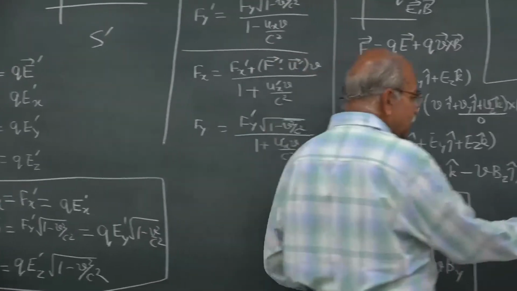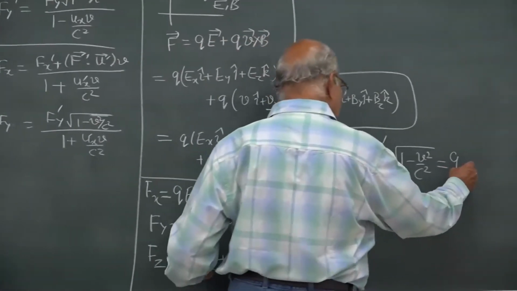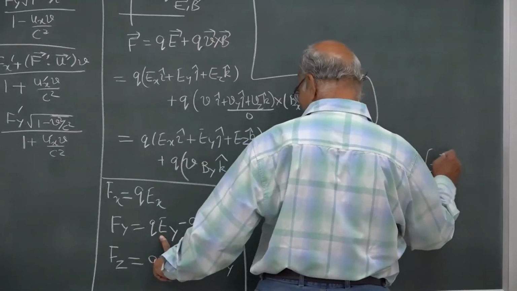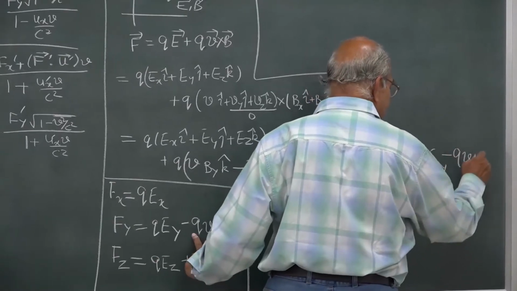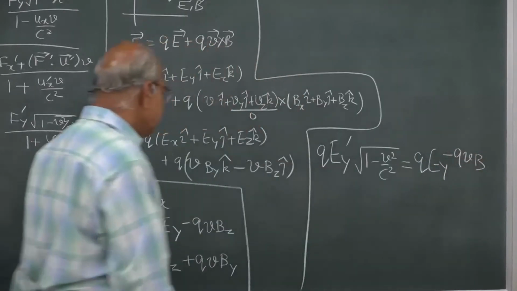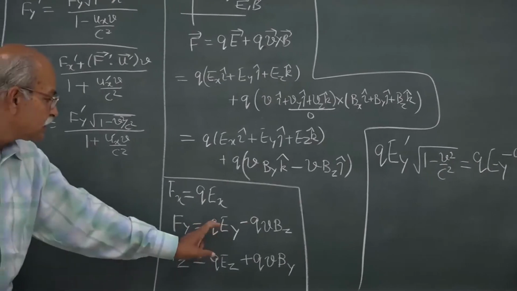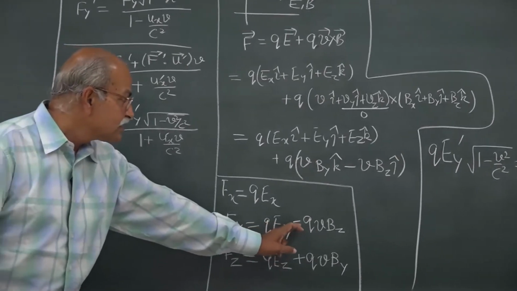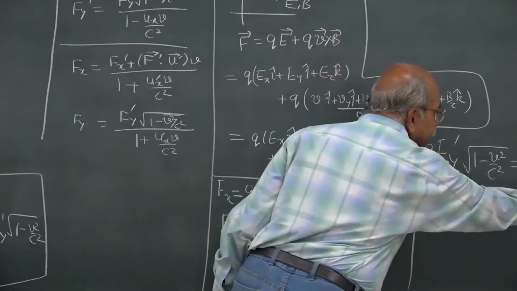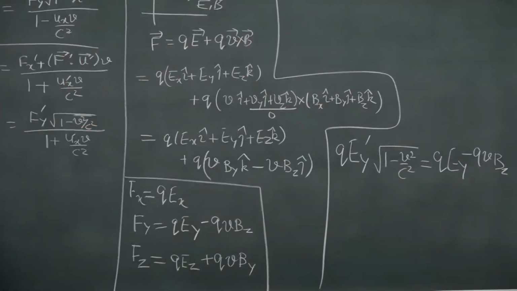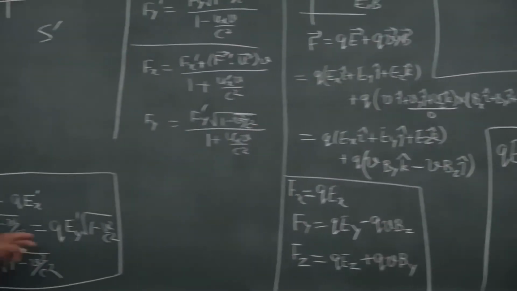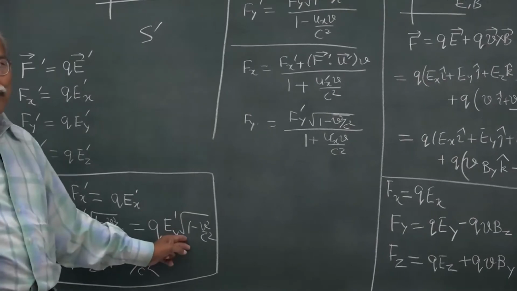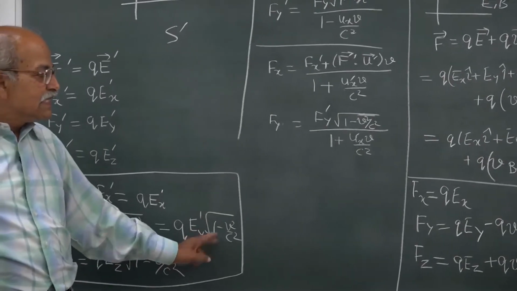It is q Ey minus q v Bz. So, I am taking Fy from here, q times Ey minus q v Bz, and I am taking Fy from there, which is q Ey prime square root of 1 minus v square by c square.